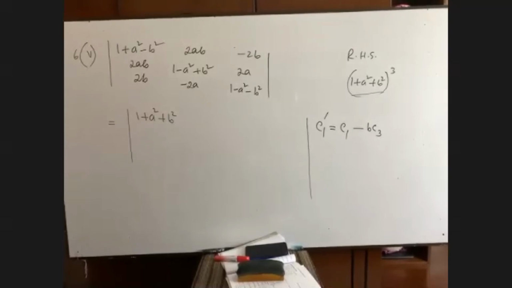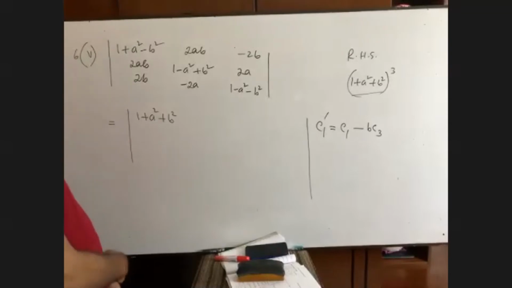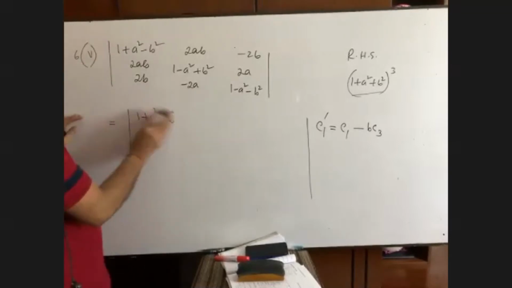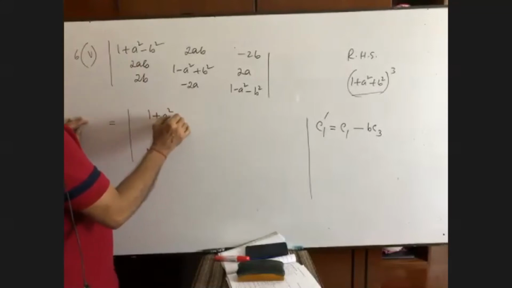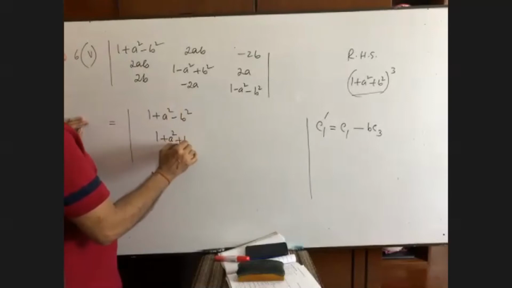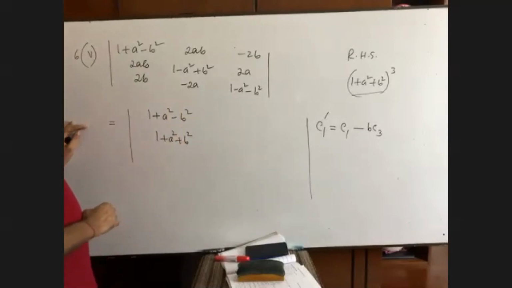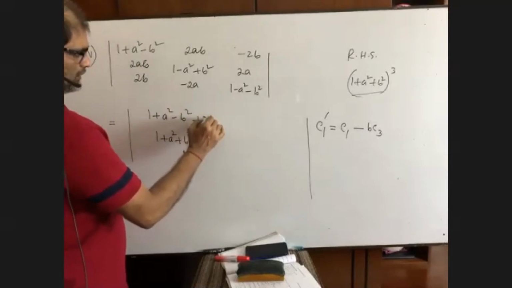Have you got it? All of you, please pay attention. Okay, that's good. What is given here? 1 plus a square minus b square. What do I need? I need this. So yes, I can get this if I get here plus 2b square.